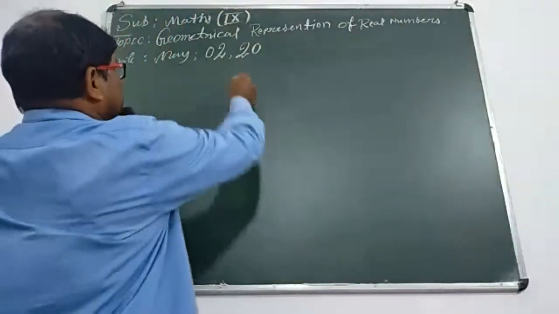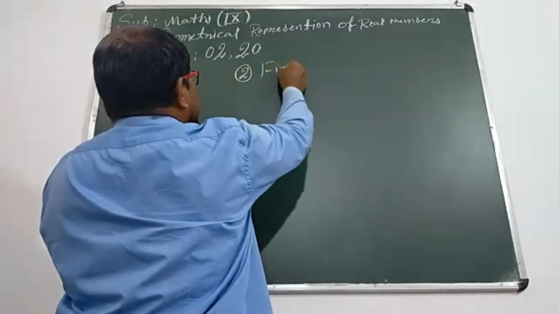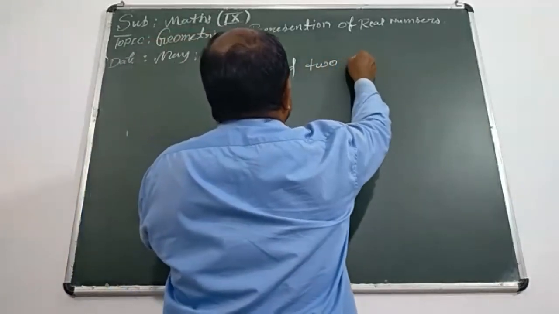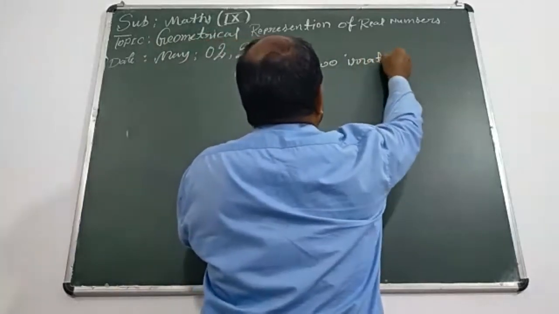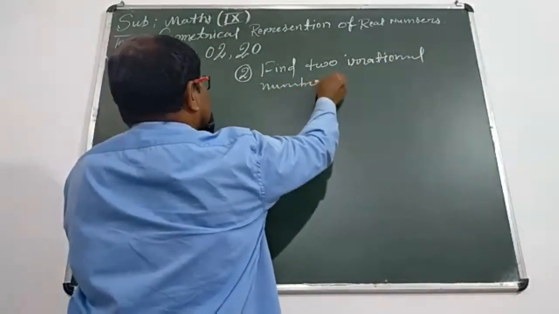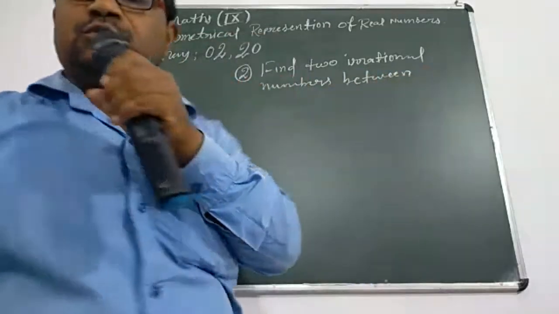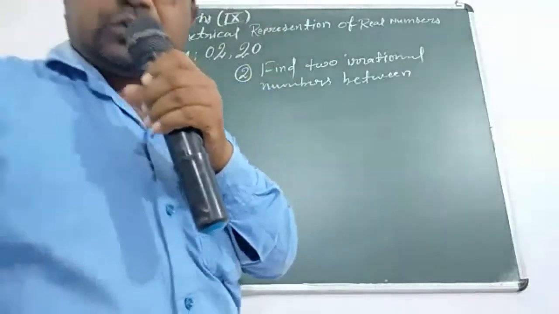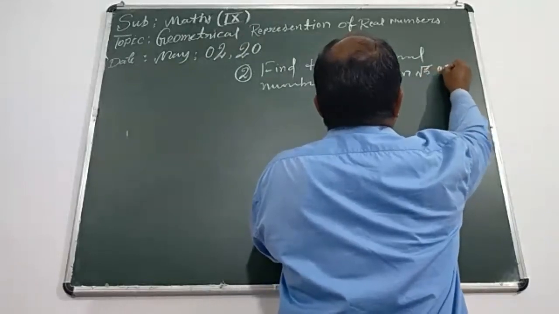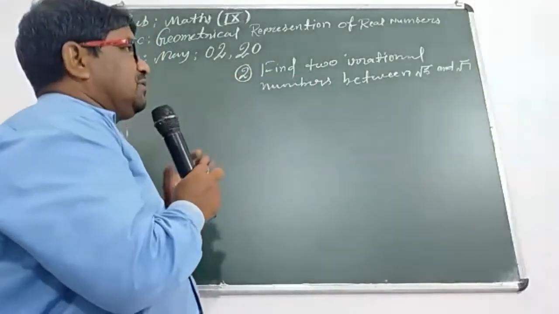Now students, second problem from this previous concept. Find two irrational numbers between root 5 and root 7.